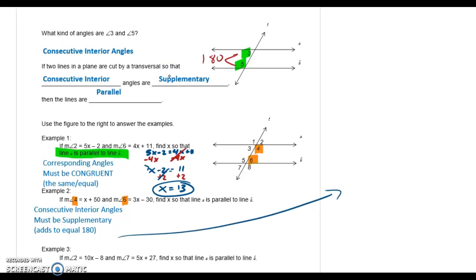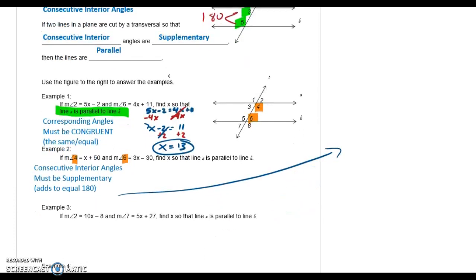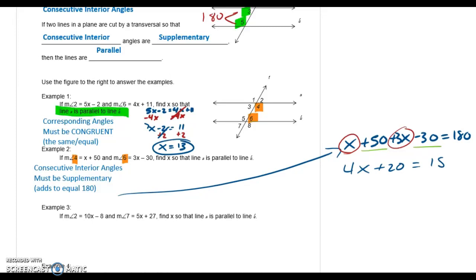Therefore I get x plus 50 plus 3x minus 30 equals 180. They are on the same side, so I'm just going to combine them. That gives me 4x. 50 and negative 30 gives me plus 20 equals 180.